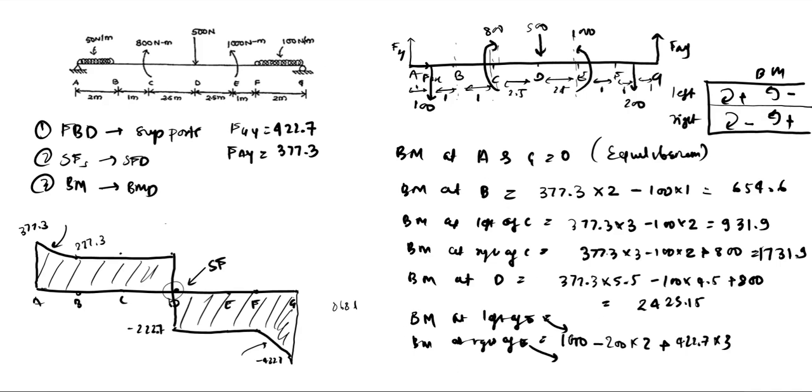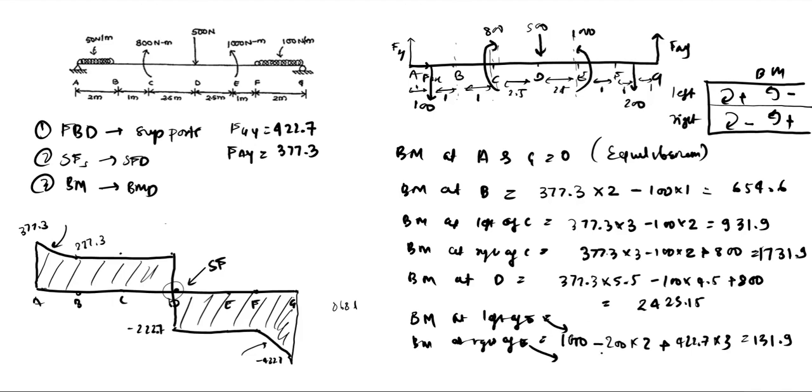So this is at the left of E, and 868.1, so 1000 minus that is 131.9. And if you calculate the bending moment at right of E, you can neglect this anti-clockwise moment now.